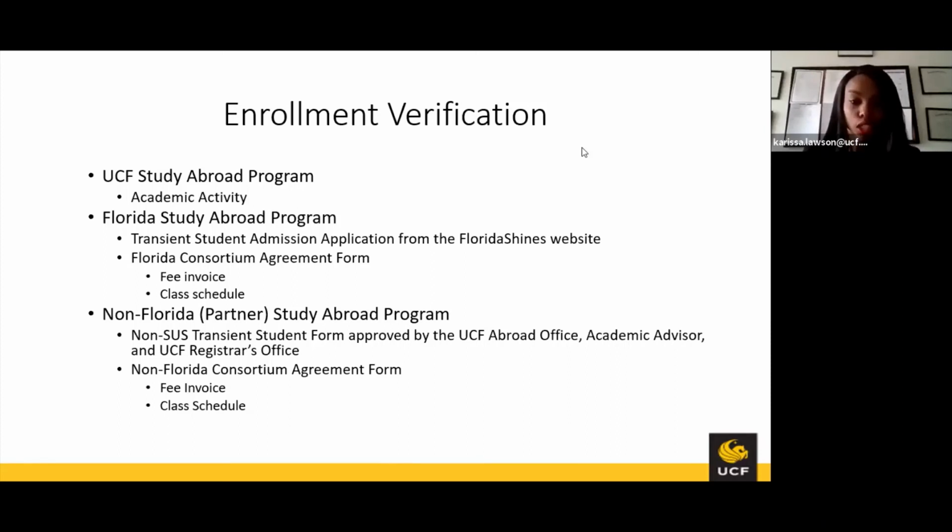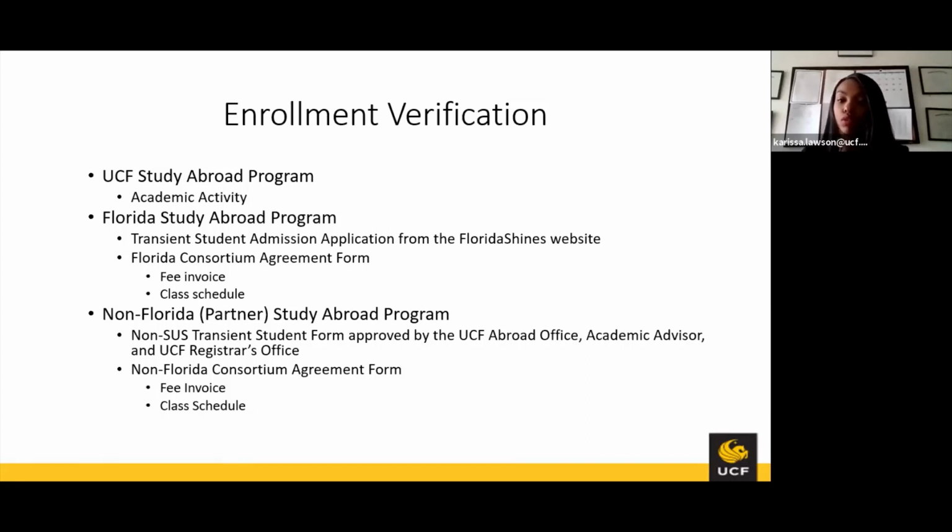And I see another chat question. Do we do this after we are in the program? That is correct. Once you are abroad, I will send you an email asking you to complete the consortium agreement form. This form will be completed by your host institution. So you will receive an email from me saying, hey, I see that you're abroad, I did get confirmation from the study abroad office, and I just want to make sure I confirm your enrollment so we can disperse your financial aid.